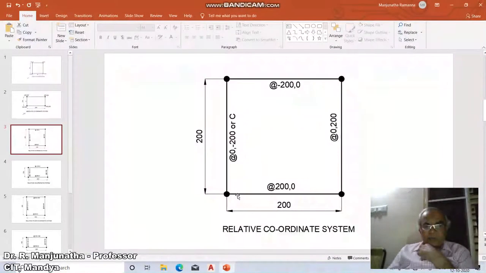So now you are moving in the direction of UCS x-axis, so it will be 200, and there is no increment in y direction, it is obviously 0. Why? Because this point will be treated as 0, 0 now. When you treat this point as 0, 0, it moves in the UCS direction of x-axis 200, and as there is no increment in y, it will become 0.